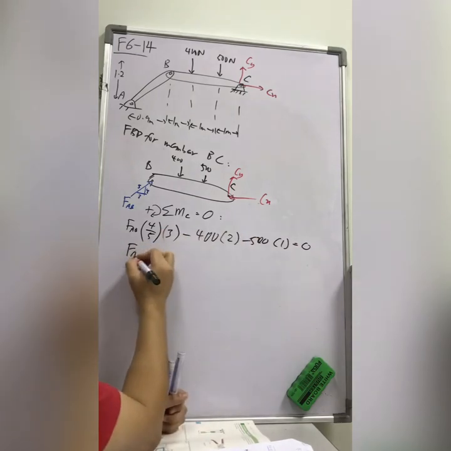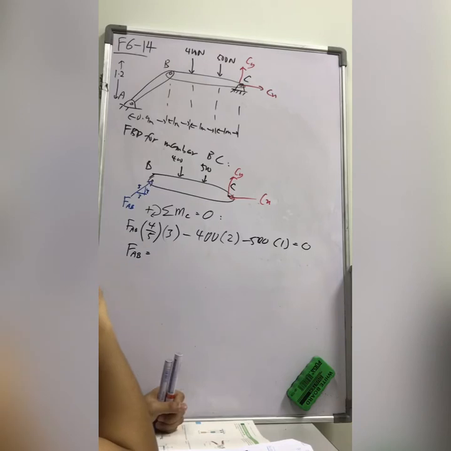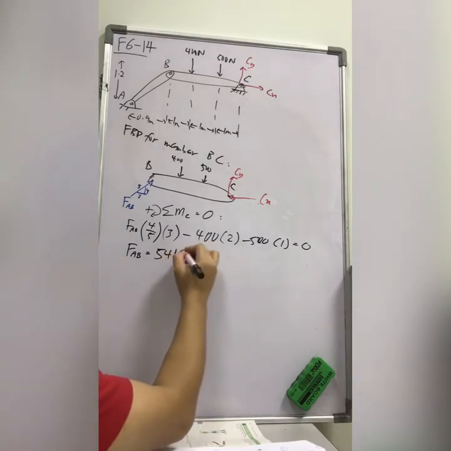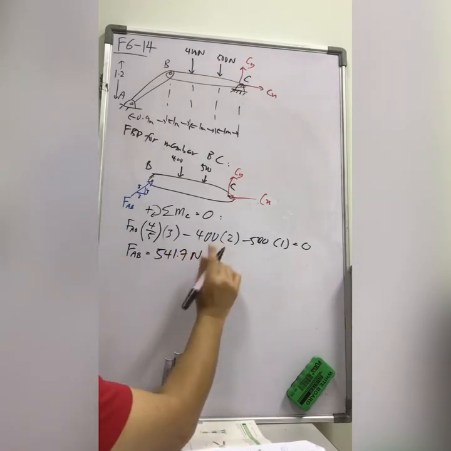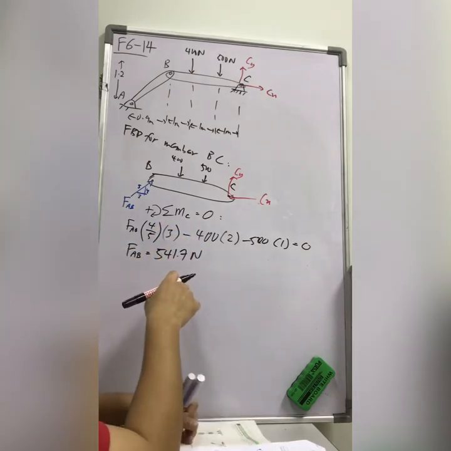If you solve this one equation, you can directly find FAB, which is 541.7 Newton. But this is not the answer.